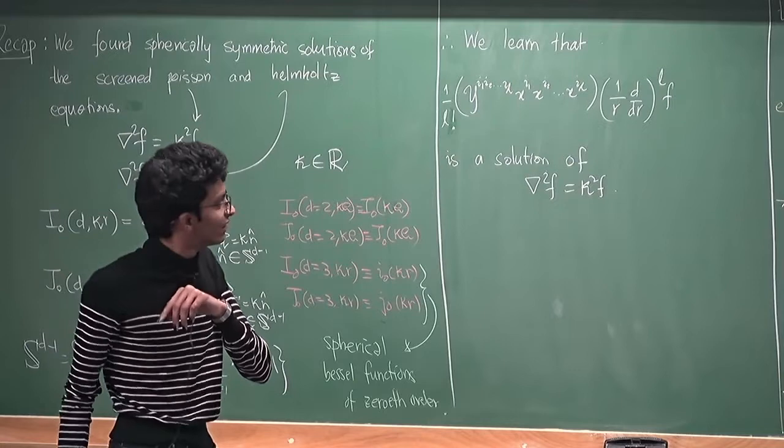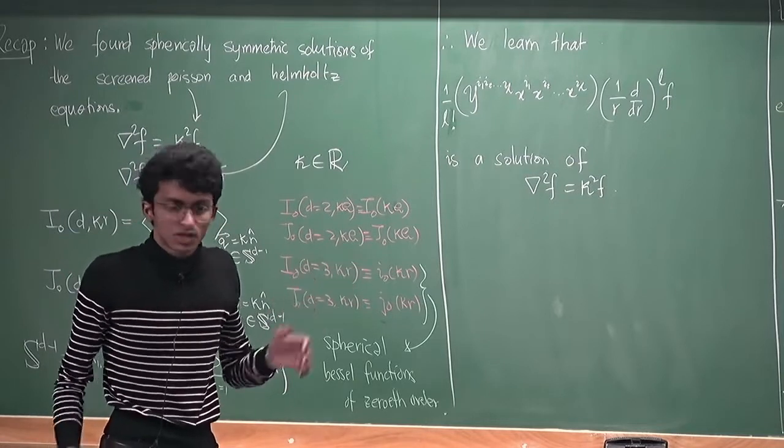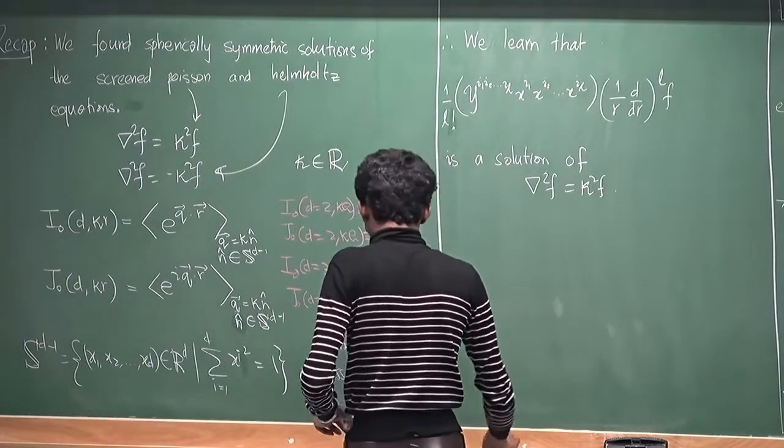Okay. Now the radial part of the solution is what one calls the Lth Bessel function. Okay. So this bit.